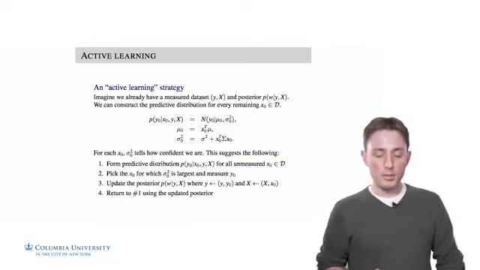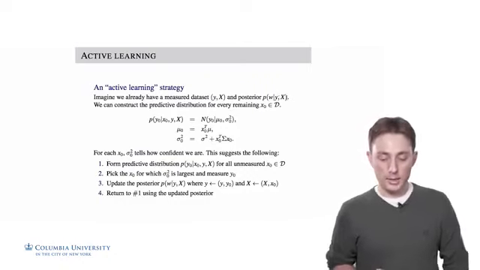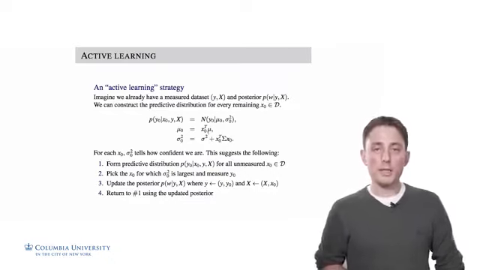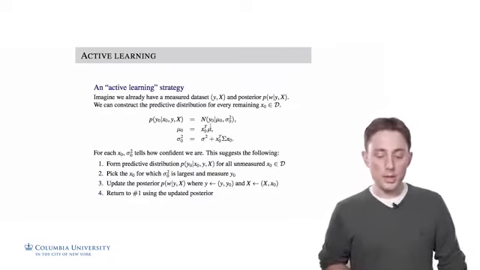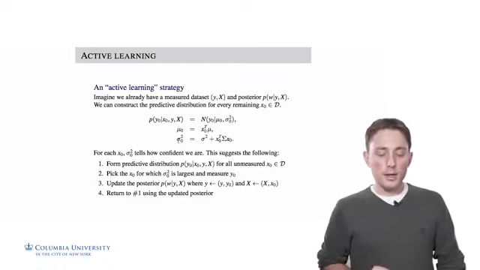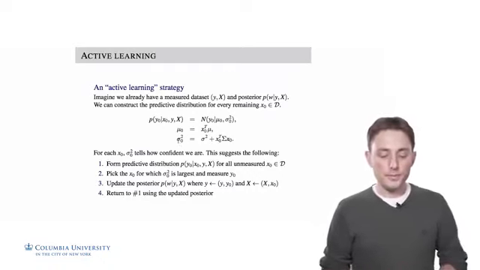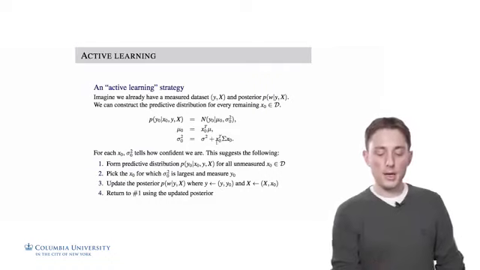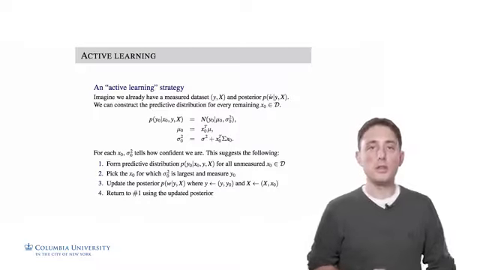The distribution of the response associated with an x0, given y and given x, can be written as a Gaussian where the mean is the dot product between x0 and the posterior mu. That's the posterior mean here. And the variance of our prediction is written as the noise variance plus this quadratic product between x0 and our posterior covariance, where that covariance is from the Gaussian posterior of w.